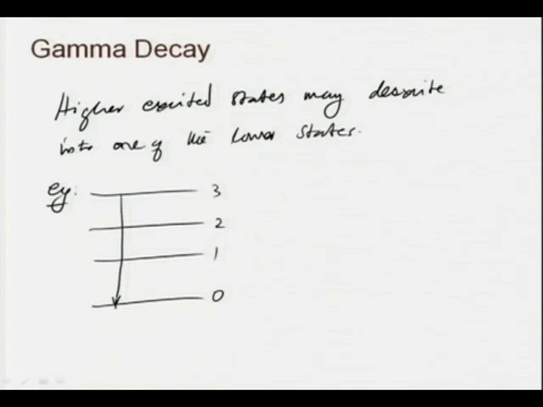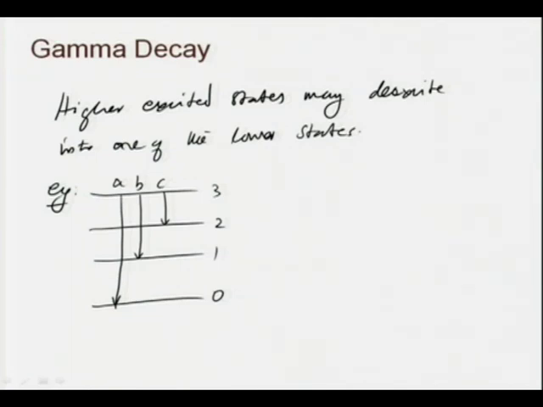That is one possibility. Let us denote that as process A. Another possibility is that it can go down to the first excited state by emitting a photon, process B, and a third possibility is to go to the second excited state by emitting a photon, process C.